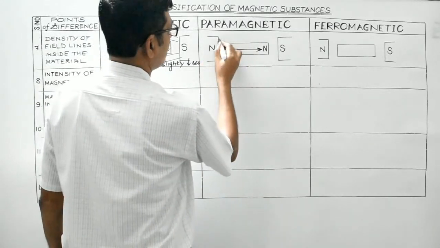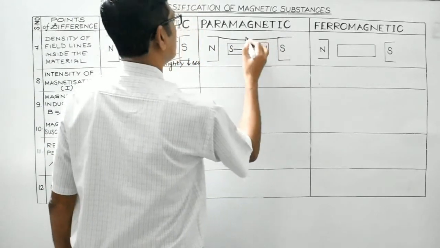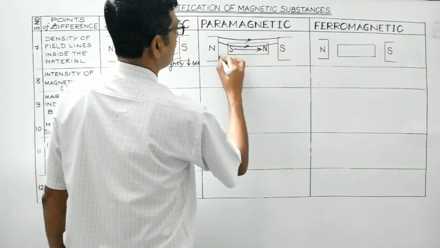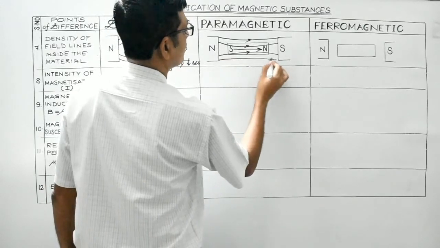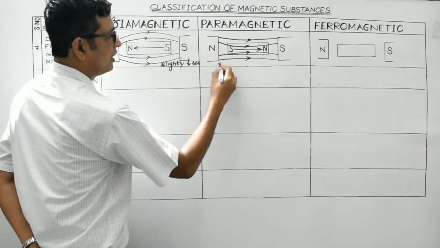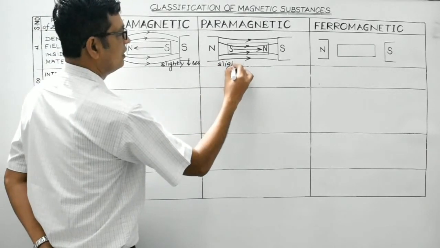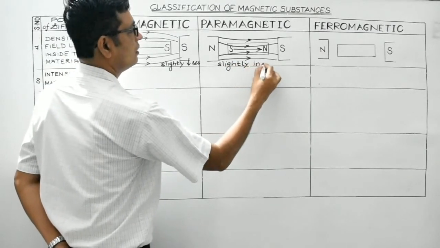So in this case, the diagram would be somewhat like this. In this case, the density of the field lines inside the material will slightly increase. The density of the field lines inside the paramagnetic material slightly increases.